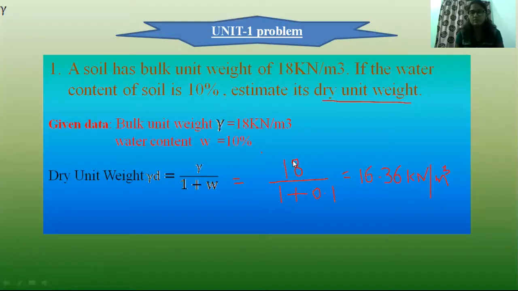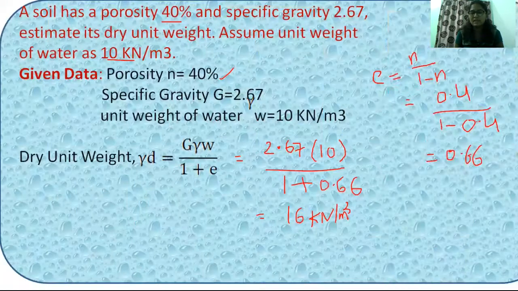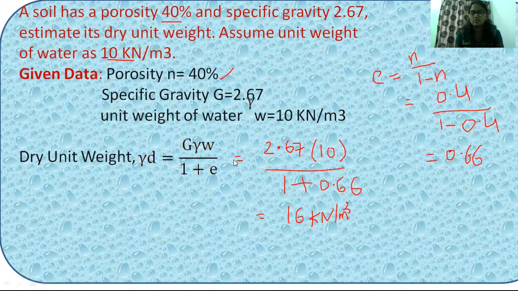The difference between three problems is, the first problem given gamma D is equal to gamma by 1 plus w. Here water content value is given, 10%. But in second problem porosity value is given, 40%. So gamma D is equal to G gamma w by 1 plus e.